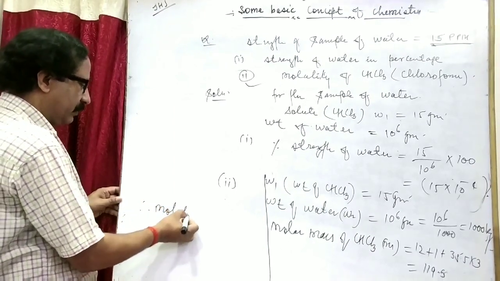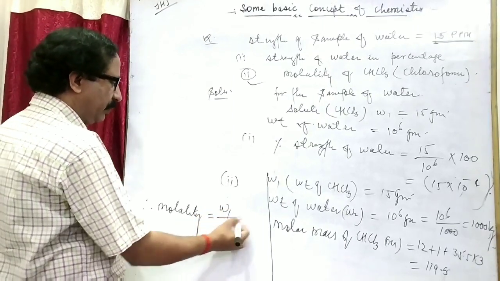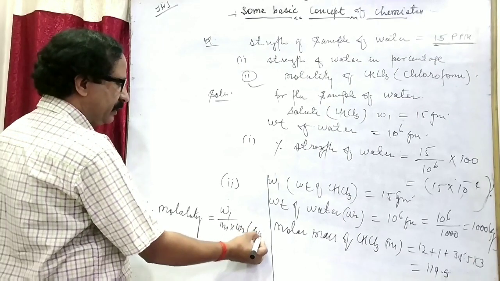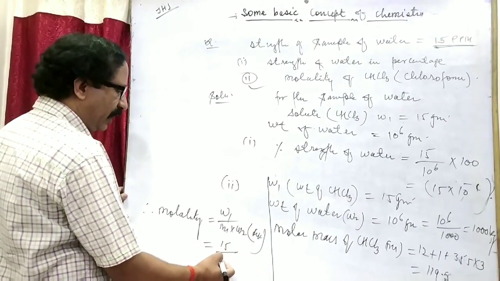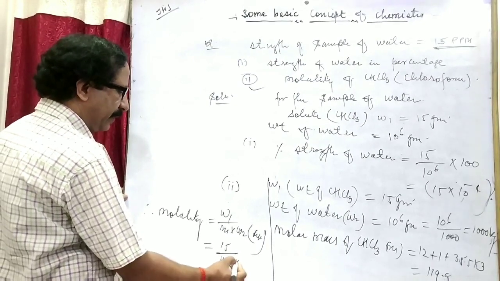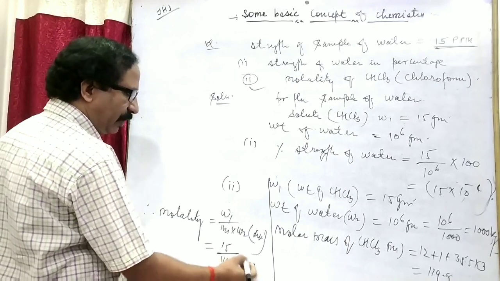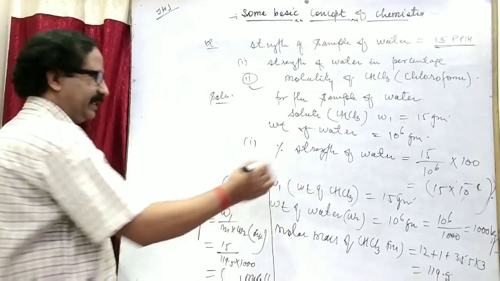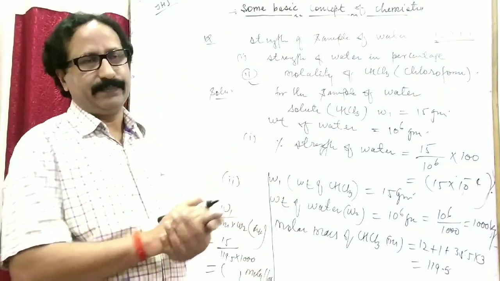Therefore, molality is equal to W1 upon M1 into W2 in kg. W1 is 15, molar mass 119.5 and W2 1000. You can find out the molality, that is given in moles per kg.